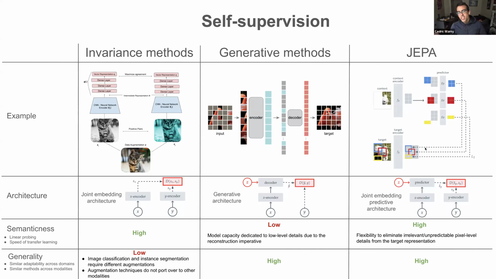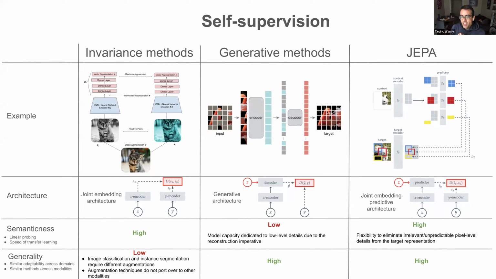That's the key thing in JEPA. And that's why it's not called a generative method, because you're not generating something concrete like an image. It's a joint embedding architecture, but it's also predictive.